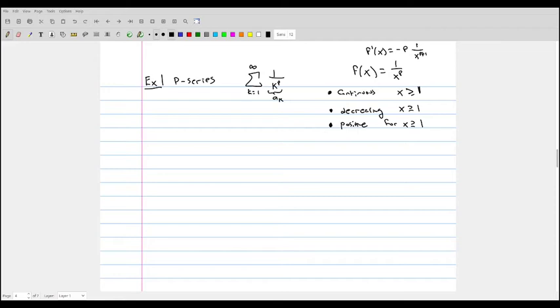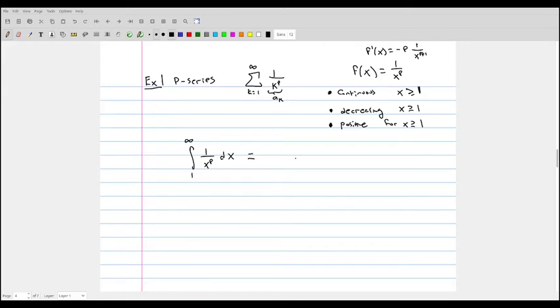So this function satisfies all of the conditions of the integral test, which means that for the improper integral from 1 to infinity of f of x, which is 1 over x to the p, if this diverges, then this series also has to diverge by the integral test, and if it converges, then this series has to converge.